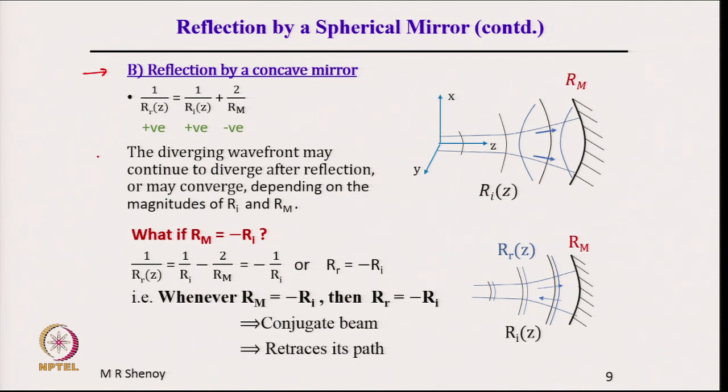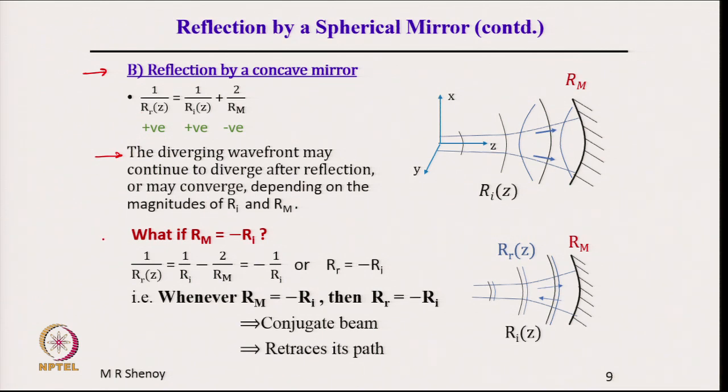So, the diverging wavefront may continue to diverge after reflection or may converge depending on the magnitudes of R_I and R_M. Just as before, R_M is now negative, R_I is positive. Depending on their magnitudes, if the sum is positive, then R_R of z will be positive. Positive means convex wavefront, a diverging beam.